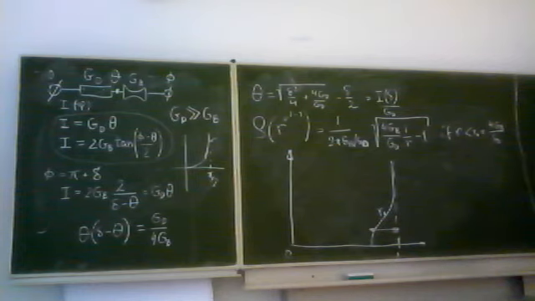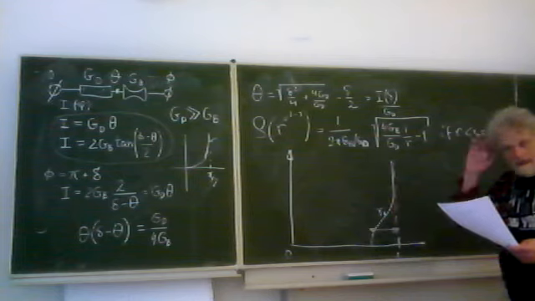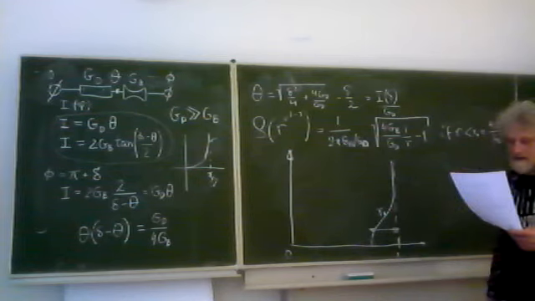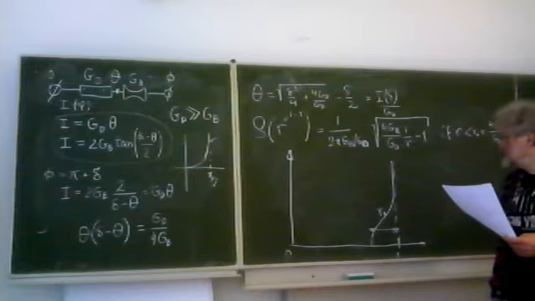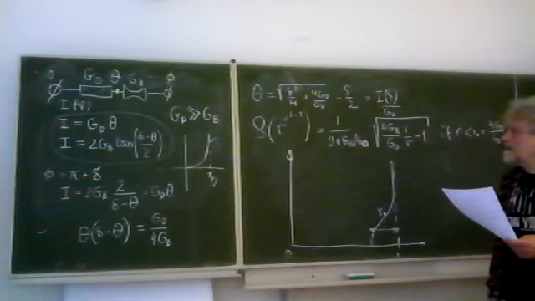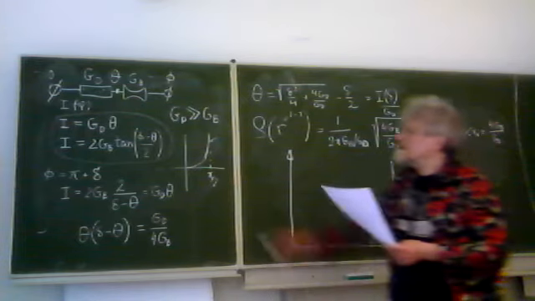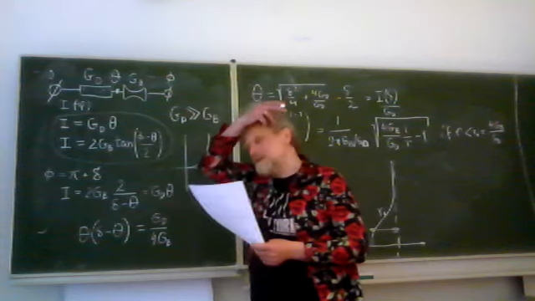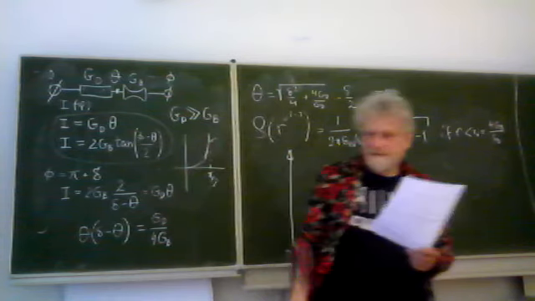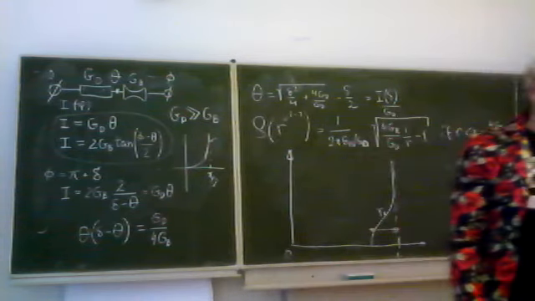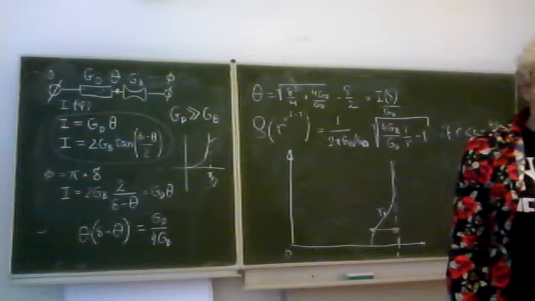Right. Now, what happens if you integrate the whole distribution? So one gets eventually the conductance of the most resistive part. Okay, good.